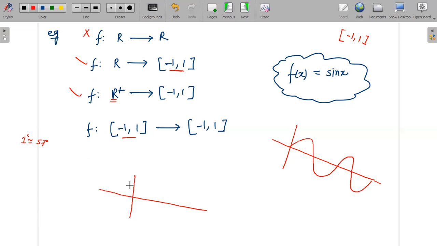So let me draw the graph of the sine function from -57 degrees up till +57 degrees. At +57 degrees I get the value sin 1 radian, which is smaller than 1. Similarly for -1 radian, it gives negative sin 1 radian, which is not close to -1. That means the range is not equal to the codomain this time, so this function is not onto.